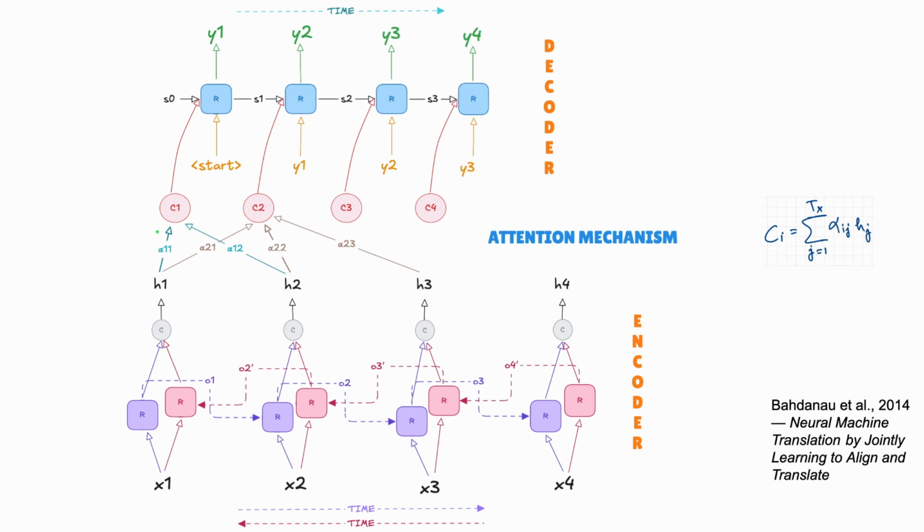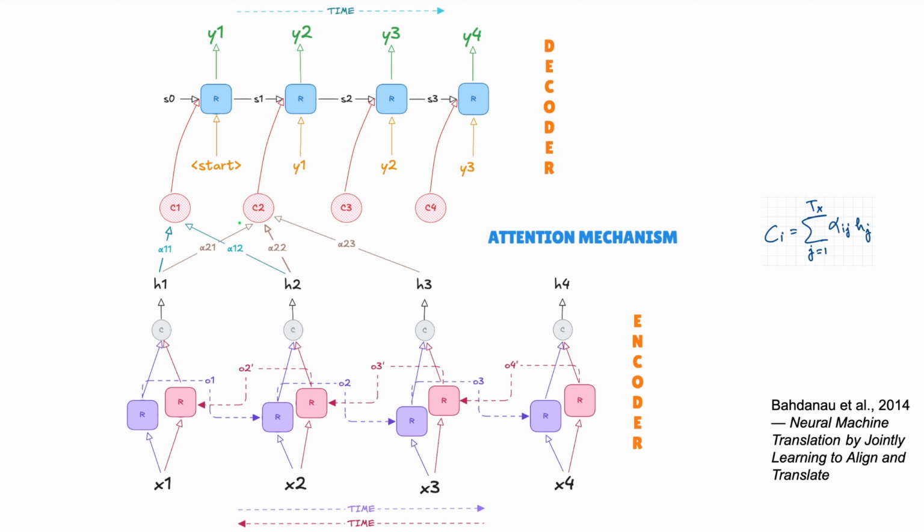So how much importance will be given to h1 and how much to h2. Here you see this arrow is slightly bolder than that one, so that means we are giving more importance to h1 than h2. That means alpha 11 is bigger than alpha 12.